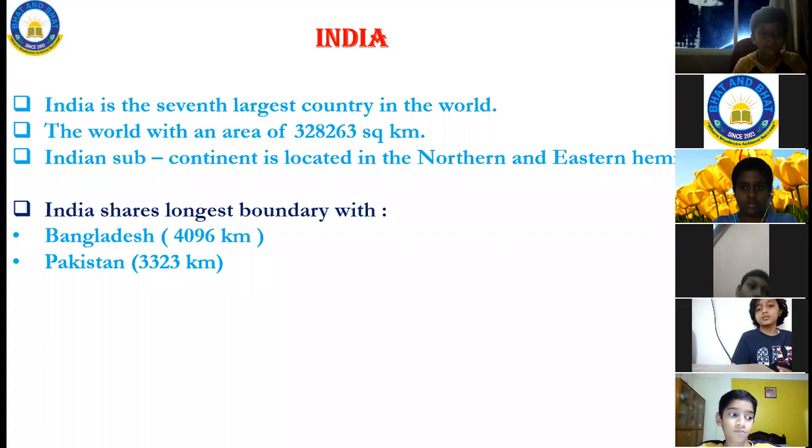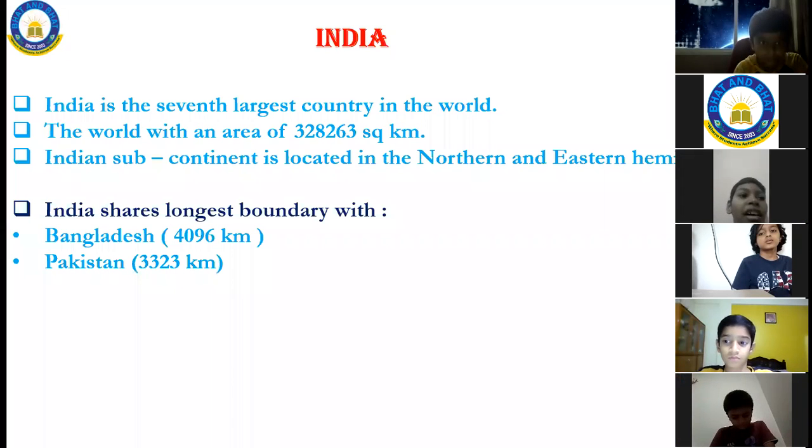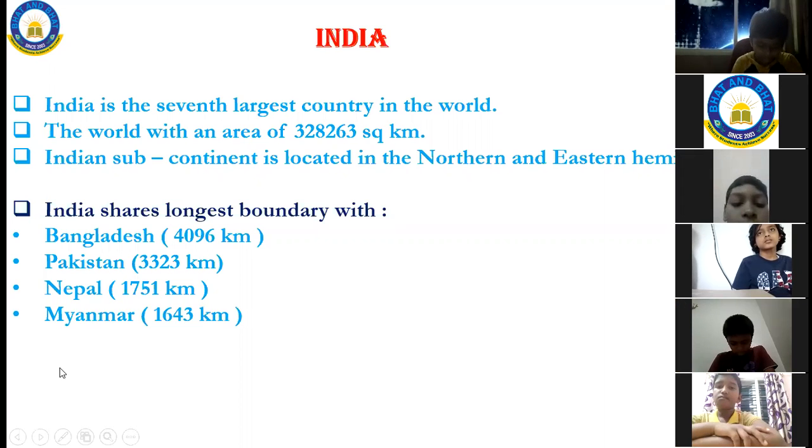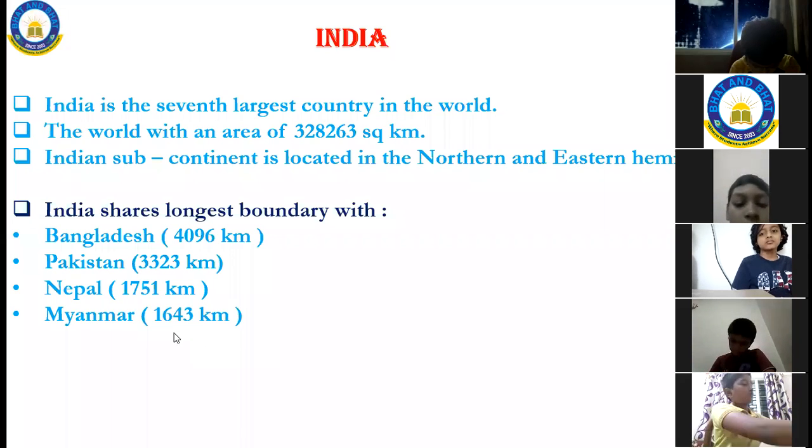The boundary is also there near Pakistan, where the boundary is 3,323 kilometer. On the Nepal side, the India boundary is 1,751 kilometer. On the side of Myanmar, India has also shared its boundary, which is 1,643 kilometer.